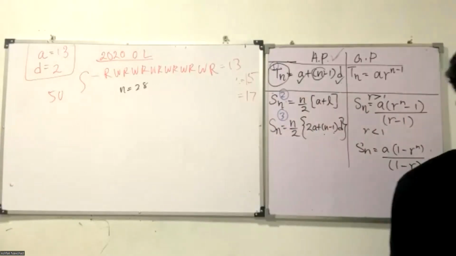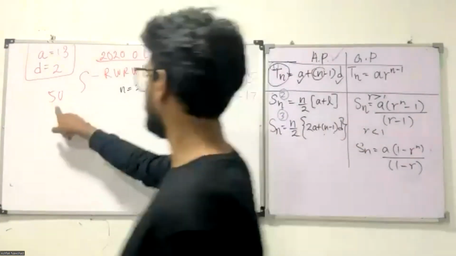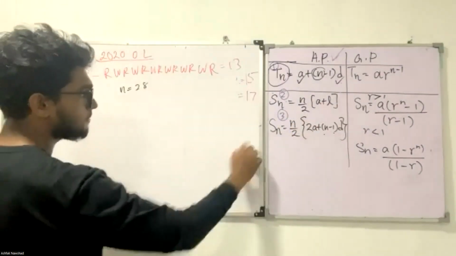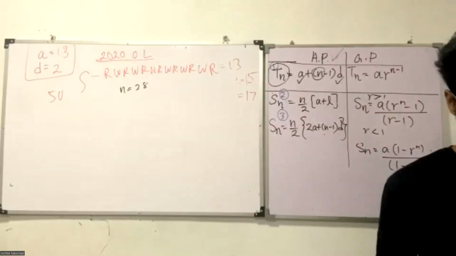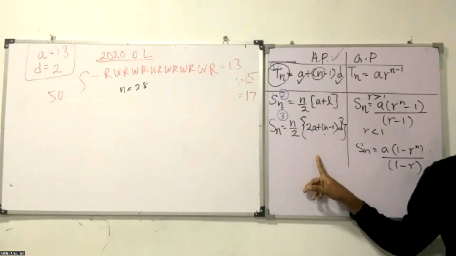Yes, it is the third one. Why is it? We know there are 50 rows, but we do not know the last term. We don't know how many flowering shrubs are there in the 50th row. Correct? So which formula do we have to use? It's the third one. Is that clear?